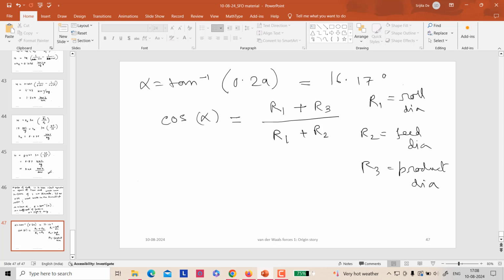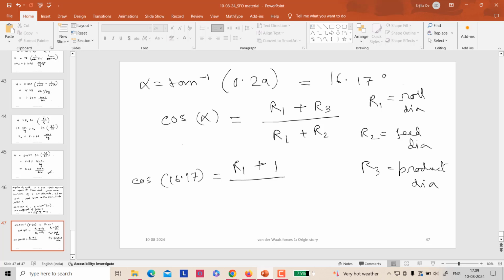So cos 16.17 degree equals R1 plus crushed diameter 1 centimeter, or we are using the diameter here in place of R3, because we are taking the ratio of two types of diameter, right?